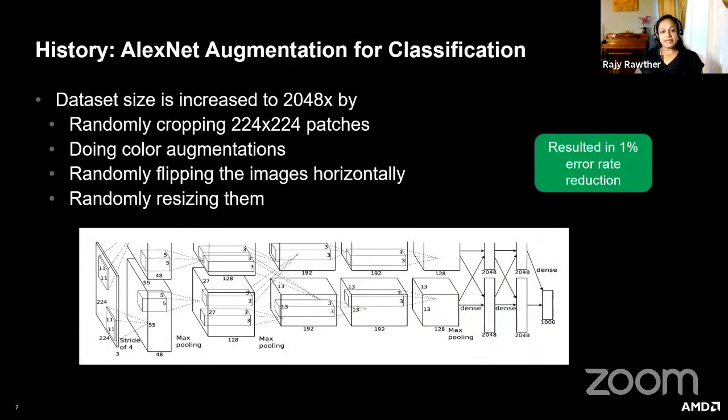When you look at the history, data augmentation is not new. In fact, one of the factors that contributed to AlexNet winning the ImageNet challenge in 2012 was the use of data augmentation. They increased the dataset size by a factor of 2048 by randomly clipping 224 by 224 patches, doing various color augmentations, randomly flipping the image horizontally, and randomly resizing them.